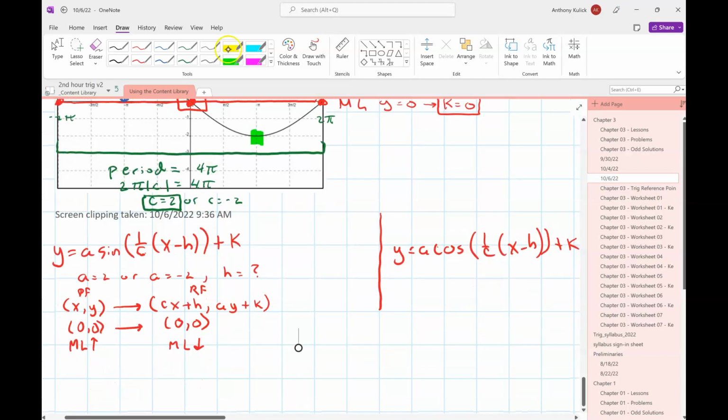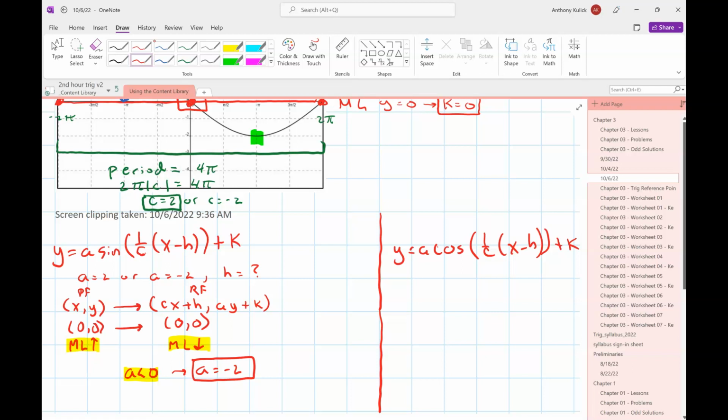This part is going to tell me the value for A. Since those guys are opposite kinds of midline points, that tells me that the A is negative. Is everybody okay there?